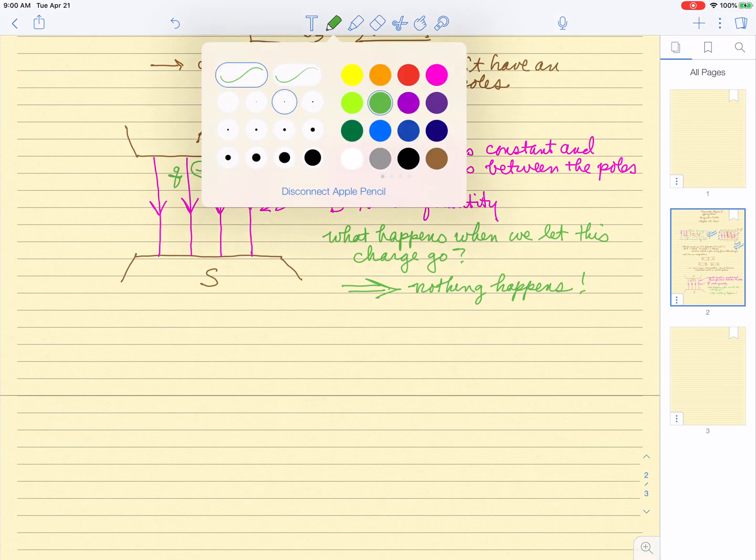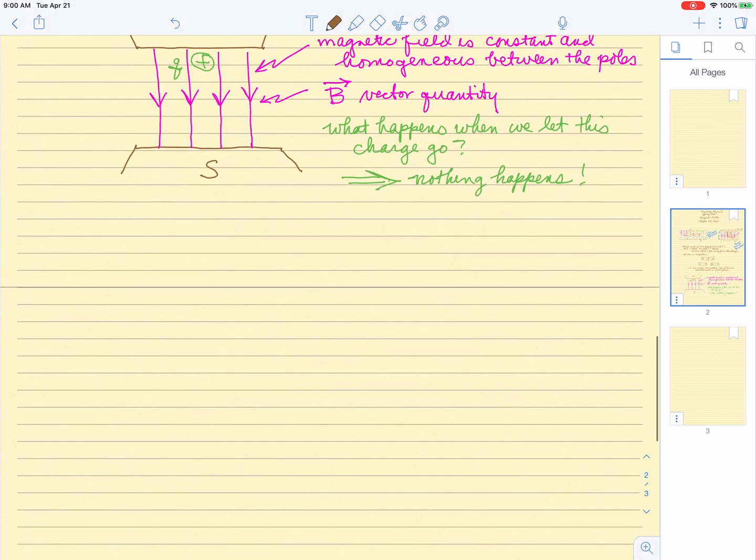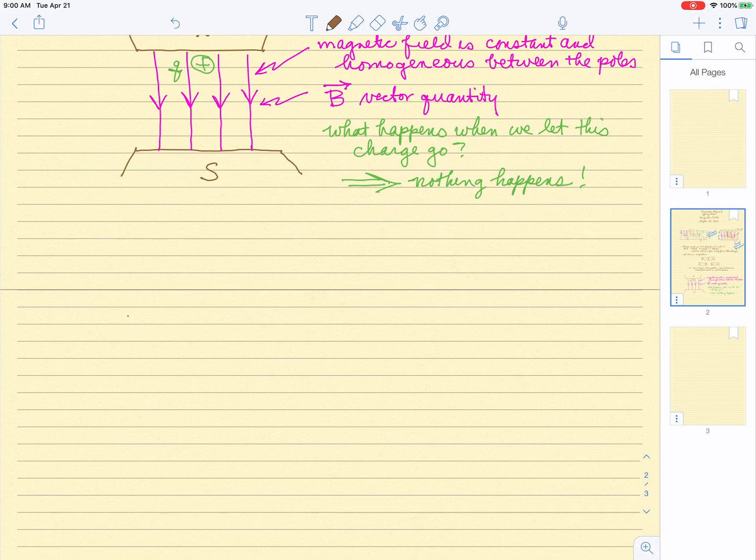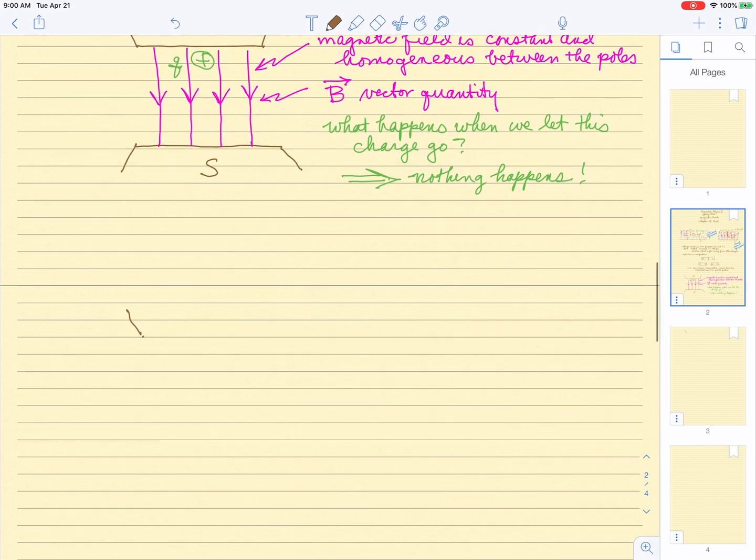So let's change the experiment now, and let's take a look at this experiment. So now what we've done is drilled a small hole through the north and south pole.